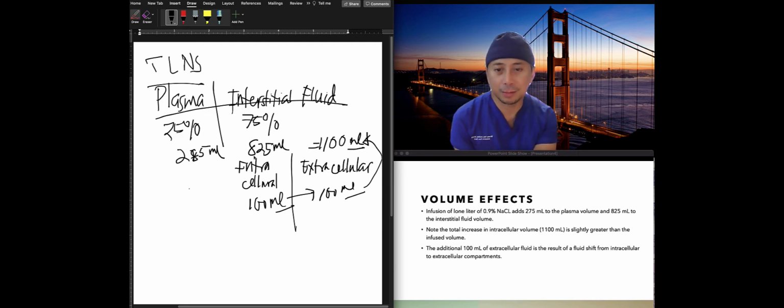So 275 and 825, yeah, it's 1100. So note that the total increase in extracellular volume is slightly greater than the infused. It is because there is a fluid shift from the intracellular to extracellular compartment.